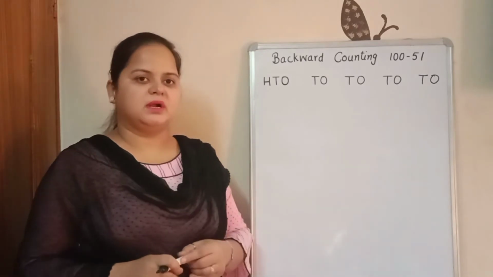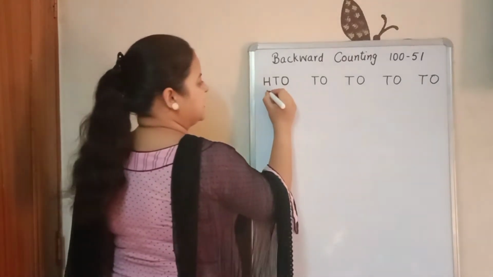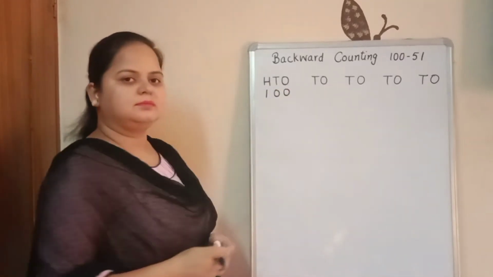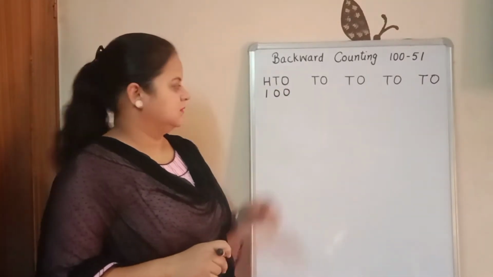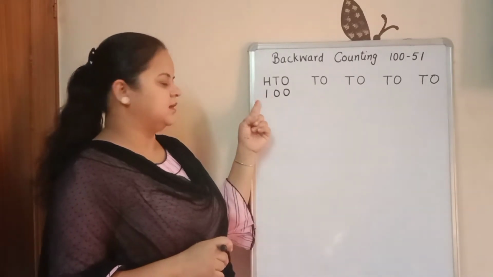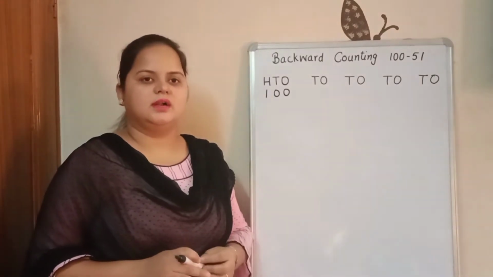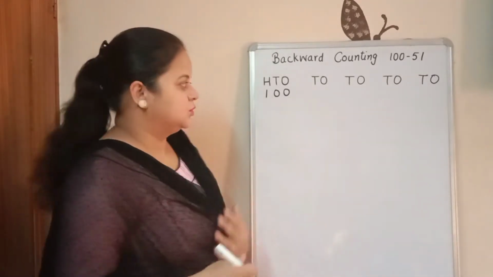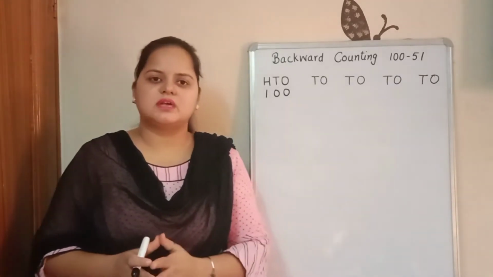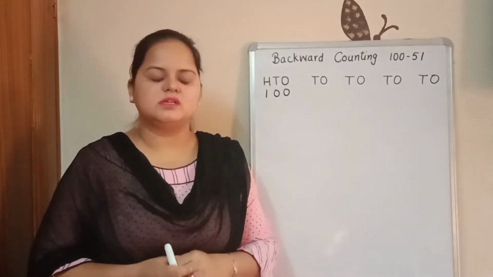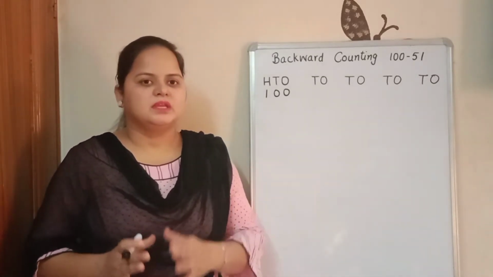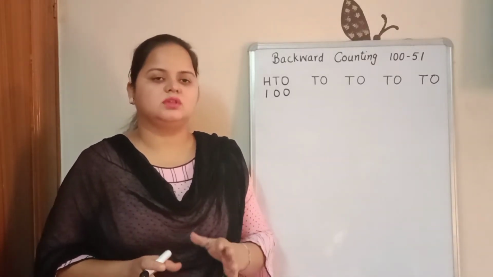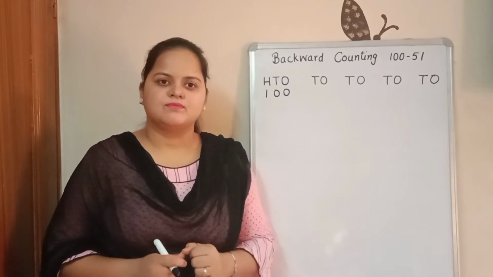Okay, let's start from 100. Here we will write the number 100. Ones, tens, 100. 1, 0, 0, 100. How will we know what is the next number? You all know reverse counting, backward counting from 10 to 1. सबको आती है from 10 to 1. Yes. 10, 9, 8, 7, 6, 5, 4, 3, 2 and 1.